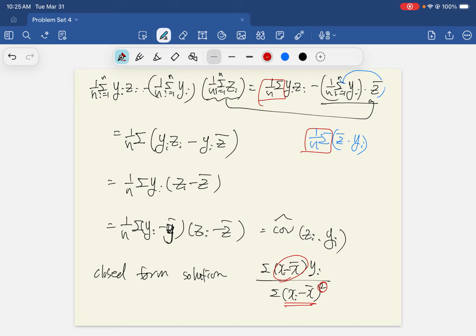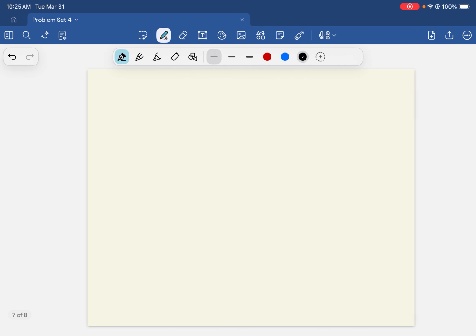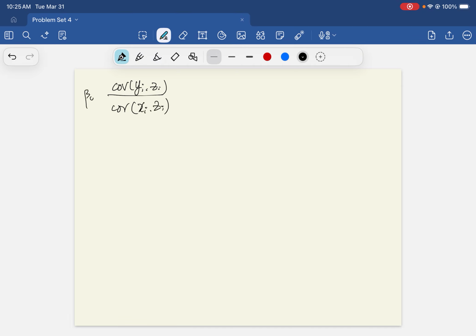That is the IV regression, right? Compare the IV regression coefficient with OLS. And also remember, the identification result was covariance between yi and zi over covariance between xi and zi was beta 0, right? So its sample counterpart is exactly what we are calculating. Okay, so this is another way to interpret the GMM estimator. So the estimator itself is pretty straightforward.